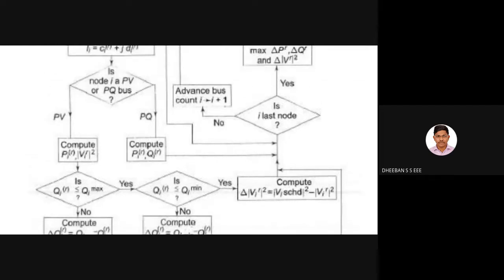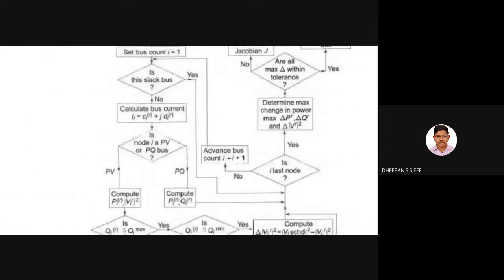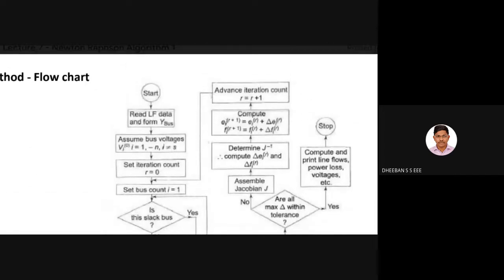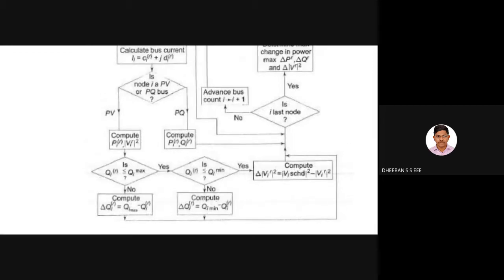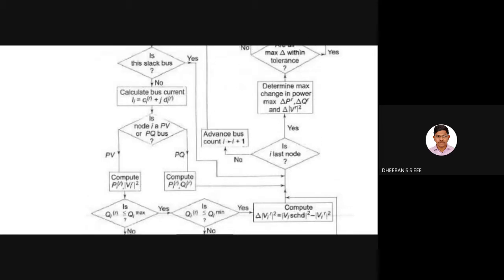After this, it goes upwards. Over here, after finding the V, you have to check whether the bus is the last bus. In particular, for a 3 bus system, first we will start with your second bus, then go towards your third bus.